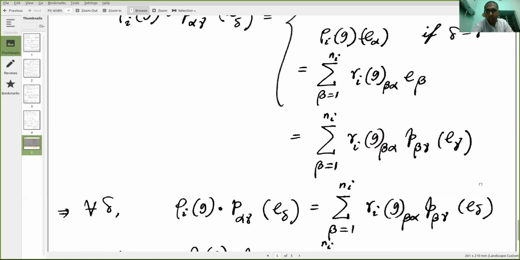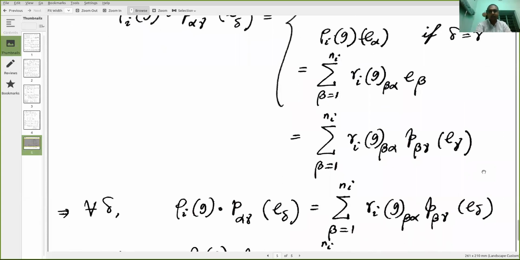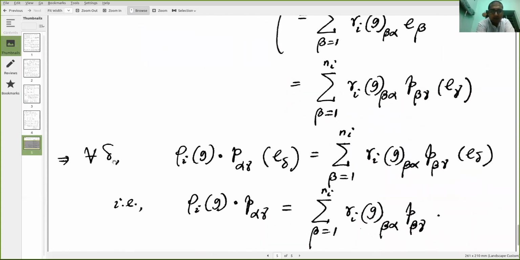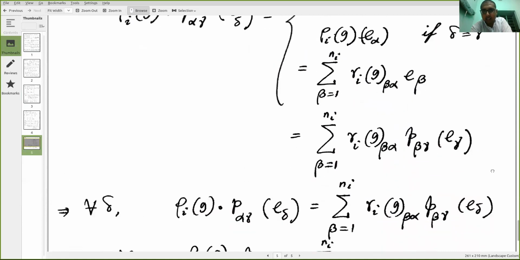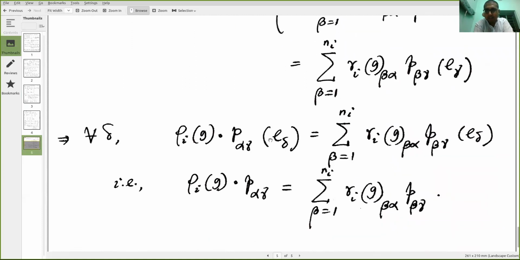Therefore, putting it all together, what we get is, for every delta, rho Ig composed with P alpha gamma of E delta is the same as this applied on E delta. Why? Because this is easy to see. If delta is gamma, then we have just checked that these two are the same.